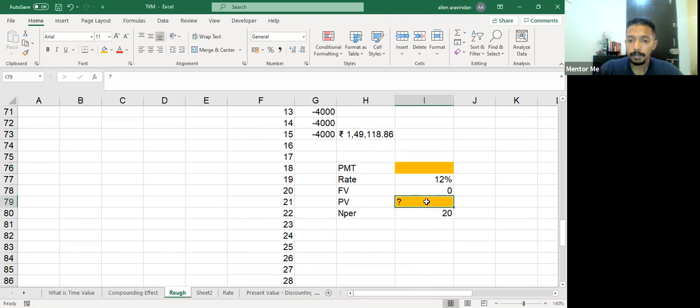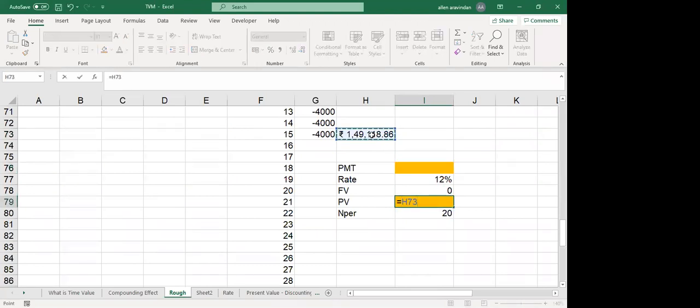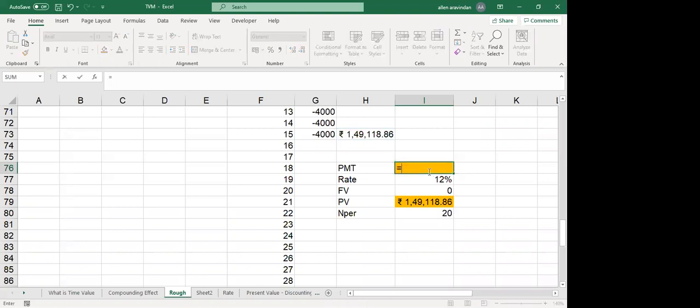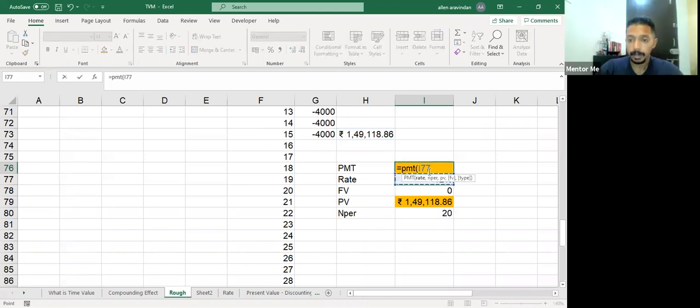So now do I have the present value? Yes, we have the present value. Now, can I find the PMT? Yes. So rate remains same. N per is 20. The good practice is to keep the present value negative so that you can get the right signs.